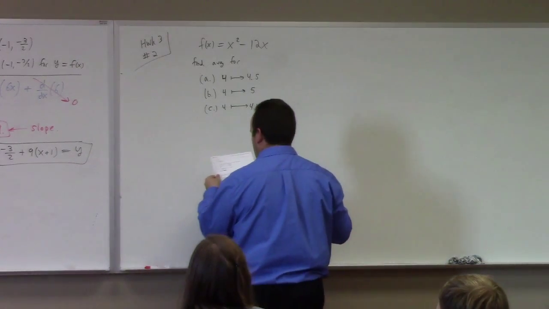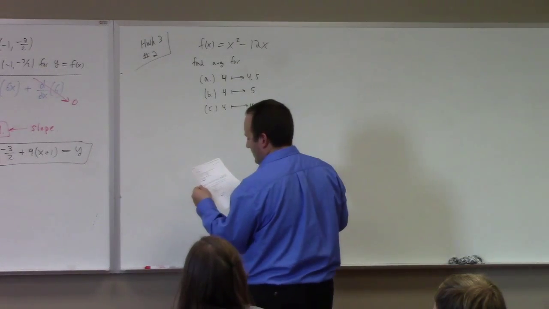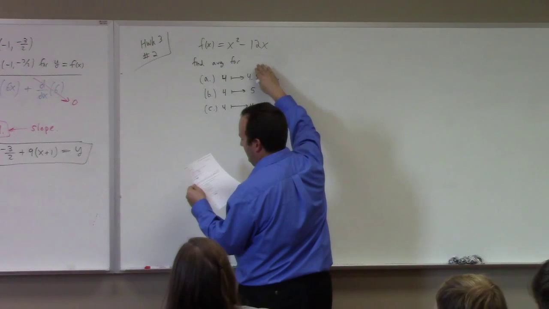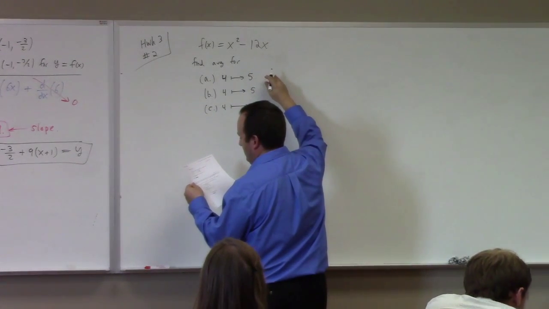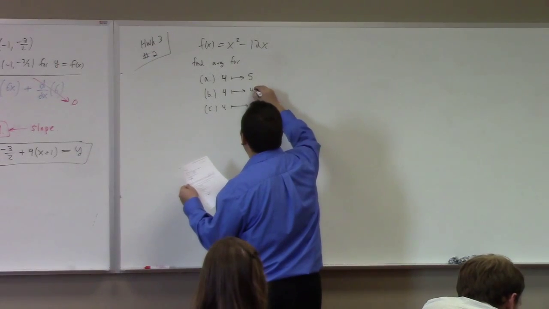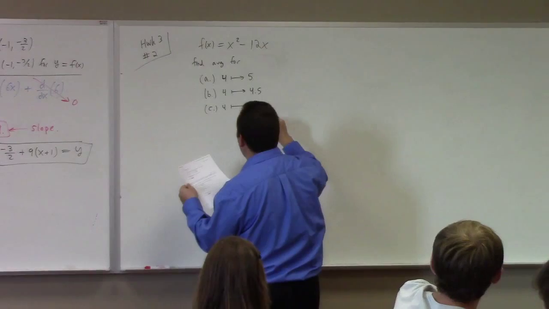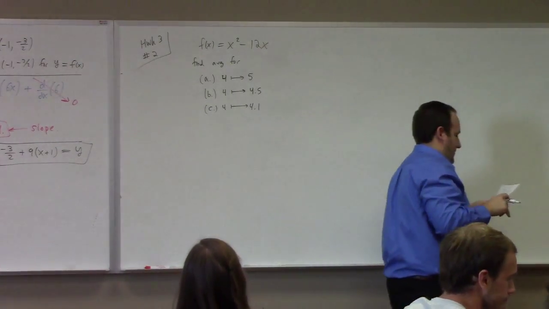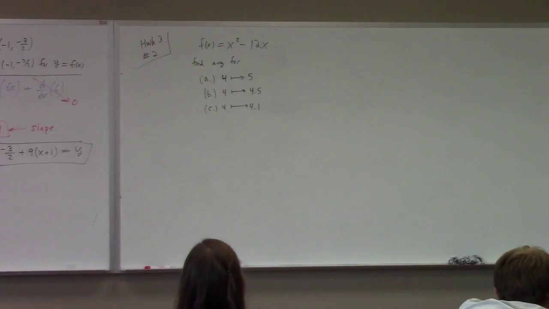Well, I put them in the wrong order, I think. A is 4 to 5, and B is 4 to 4.5. Oh, see, now it's telling a story. It's getting closer and closer to 4, right? And at the end of this we'll compare it to the instantaneous rate of change.